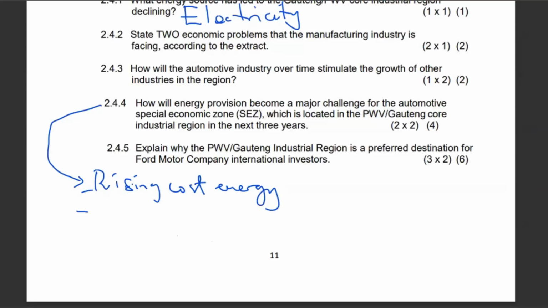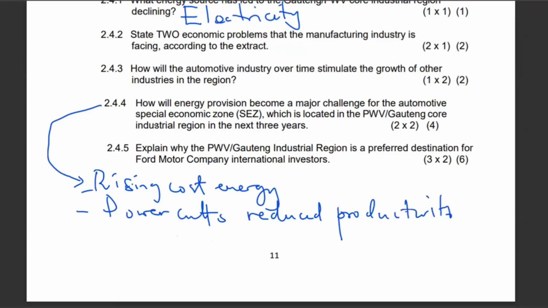Then also we can look at there are going to be power cuts. If there are power cuts, what's the implication? Or if there's load shedding, there's going to be reduced productivity because there will be lost hours of production. It is going to reduce productivity because of power cuts.